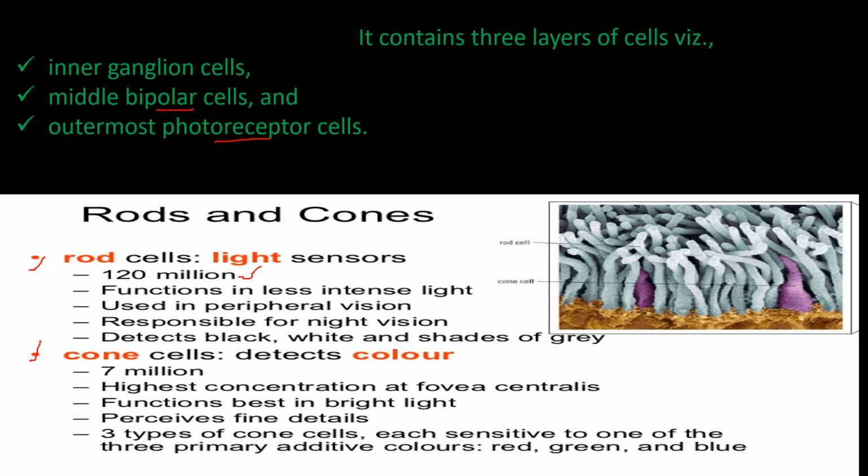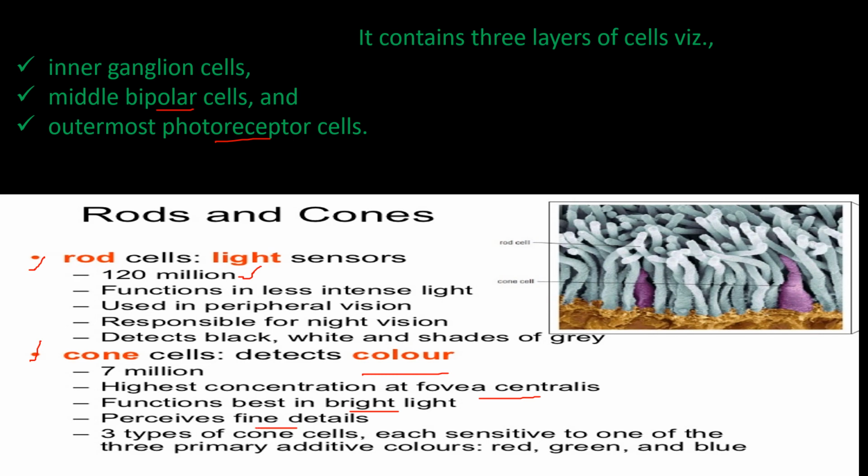Now coming to the cone cells, they are responsible for detecting colors and have their highest concentration at the region called the fovea centralis. They function best in bright light and perceive the fine details of all the colors.